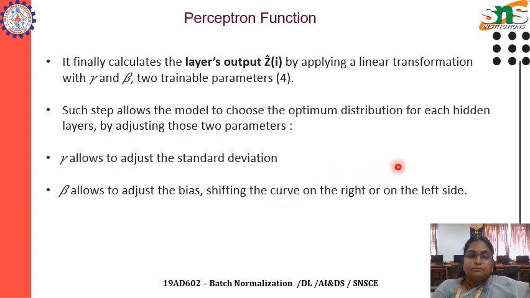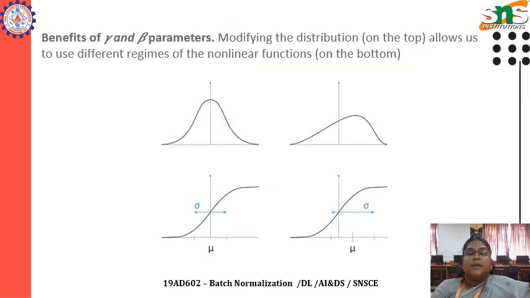This is the perceptron function, and here you can see the benefits of the alpha and beta parameters. Modifying the distribution allows us to use the different regimes of non-linear functions on the bottom.